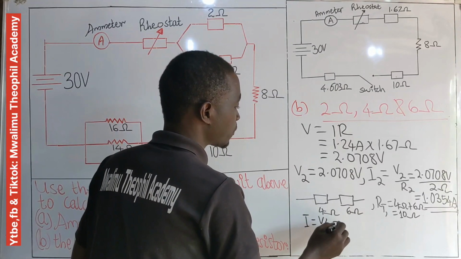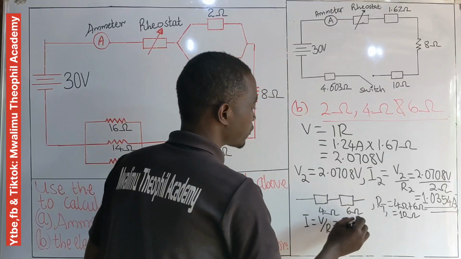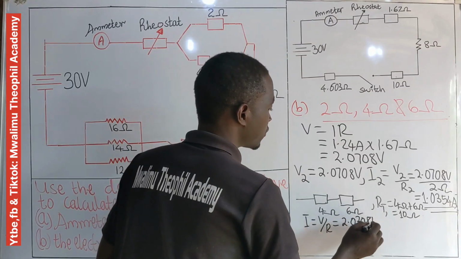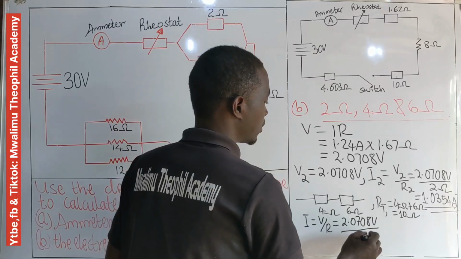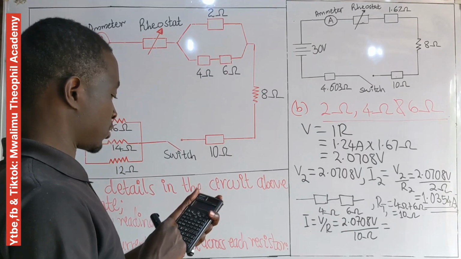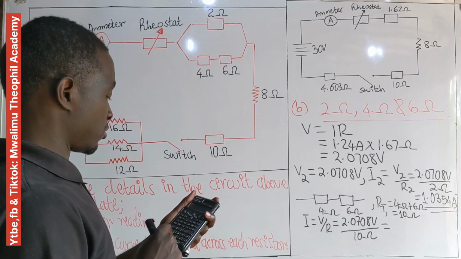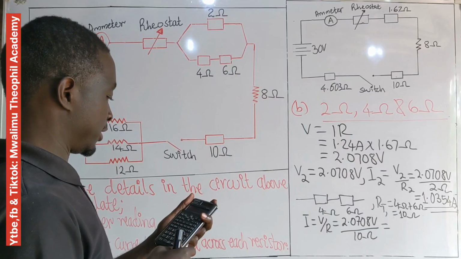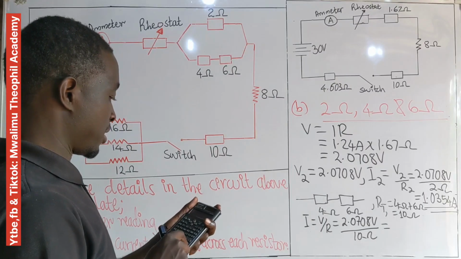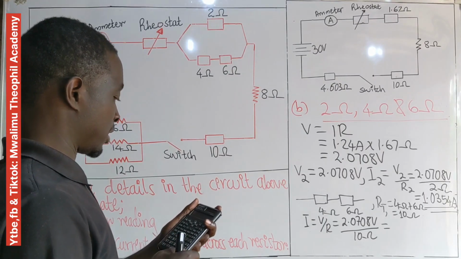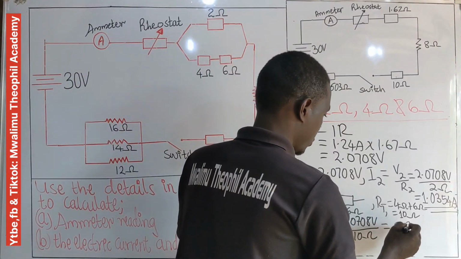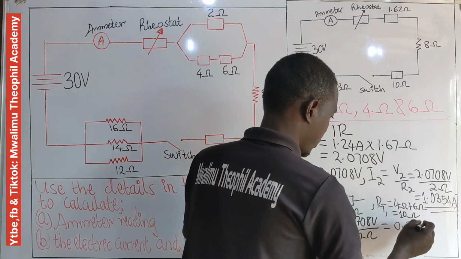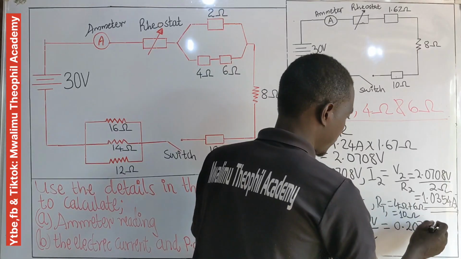Now it will be equal to 2.0708 divided by their resistance, which is 10 ohm. 2.0708 divided by 10 is equal to 0.20708 ampere.